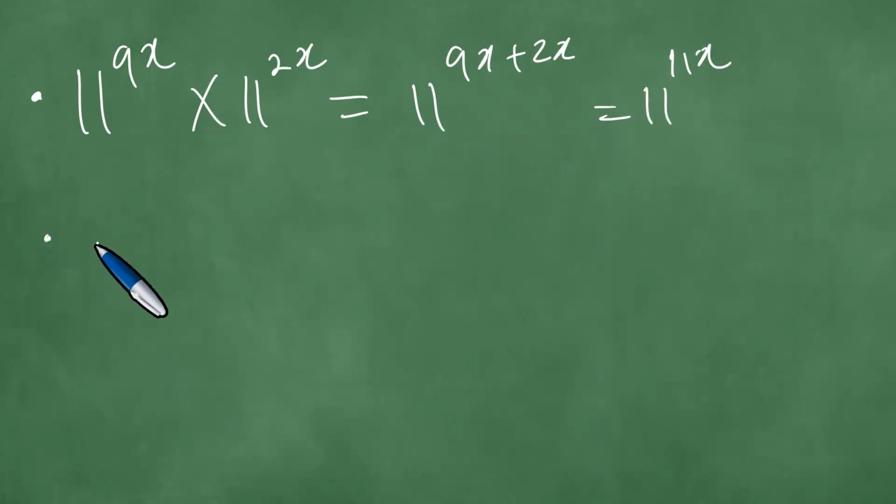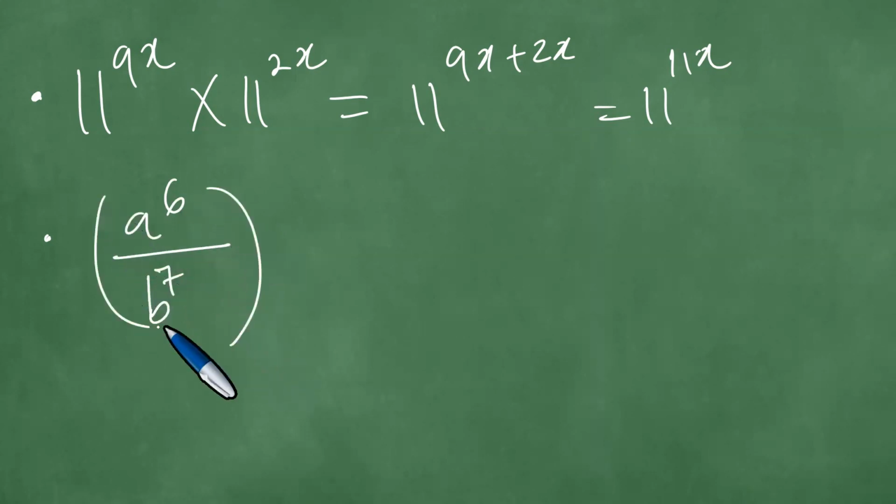What about this one here? a to the power 6 divided by b to the power 7, all to the power 5. What's the answer?